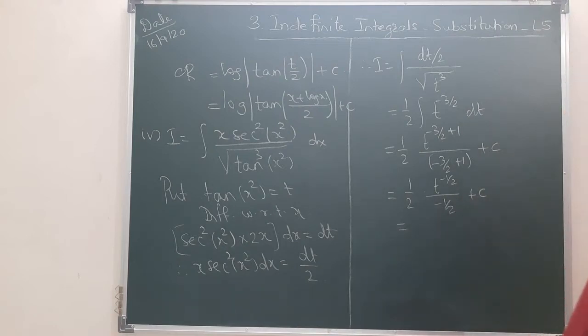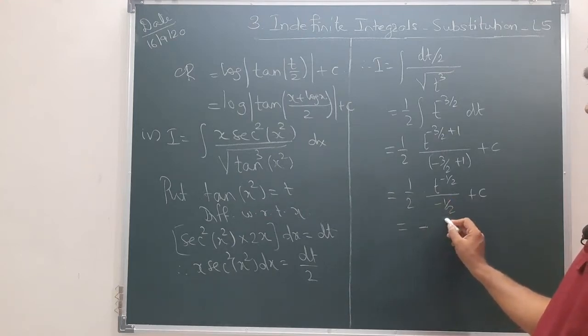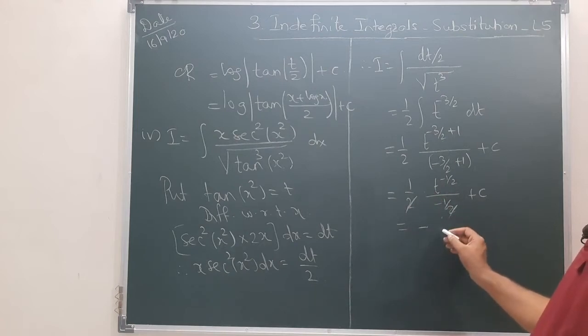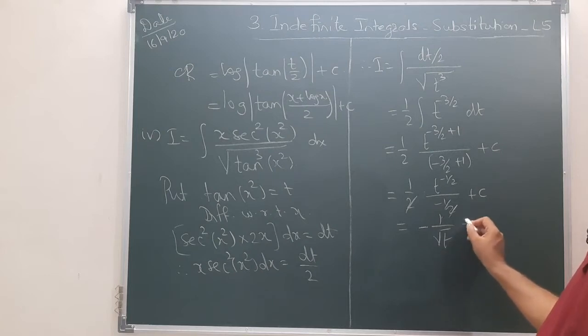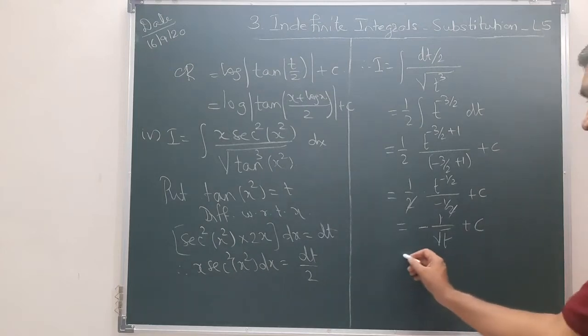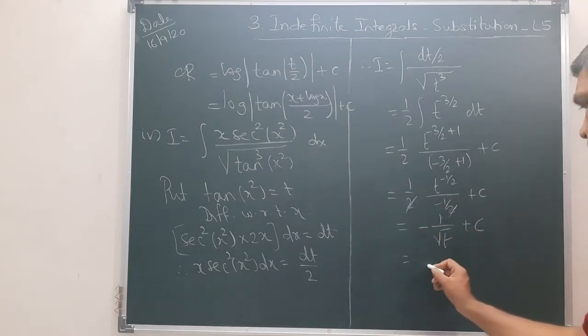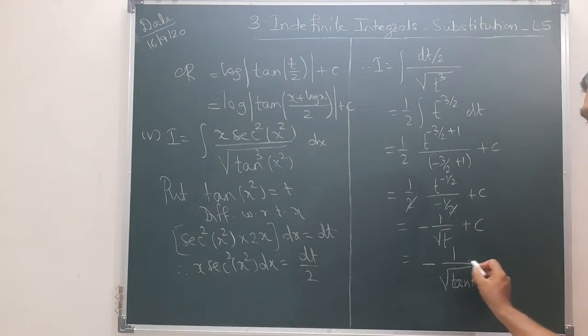The 2 gets cancelled, sorry, 2 gets cancelled here, minus 1 upon t raised to half, meaning square root t, plus c. And then t is nothing but tan of x square, which is minus 1 upon square root of tan x square plus c.